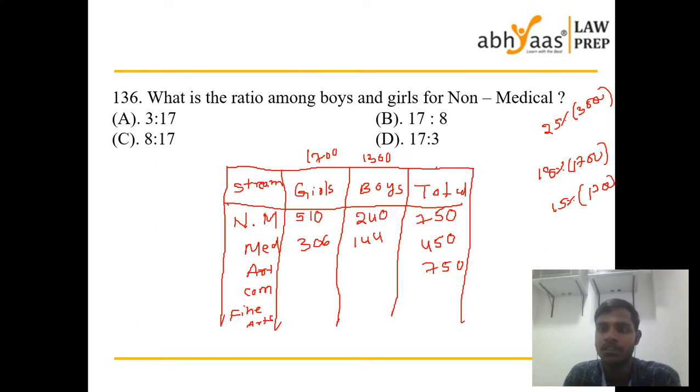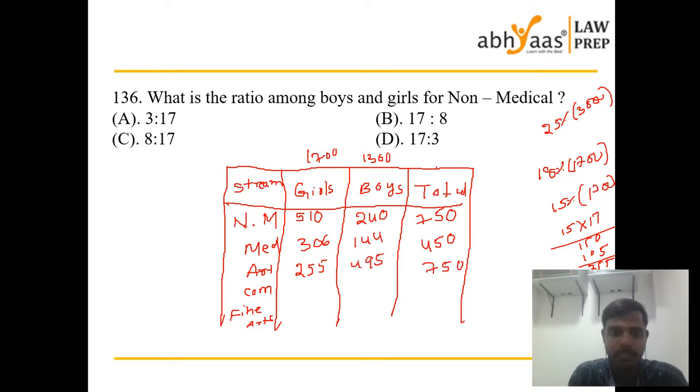What is 15% of 1700? 15 into 17, which is 15 tens are 150, 15 sevens are 105. So 255. The total number of girls enrolled in arts is 255. And the number of boys enrolled in arts will be 750 minus 255, which is 495.